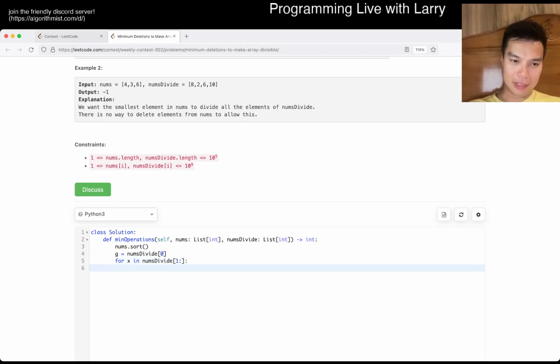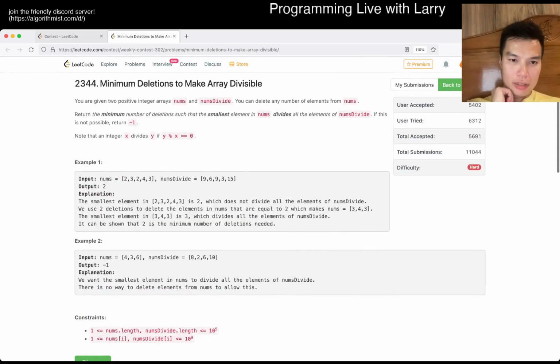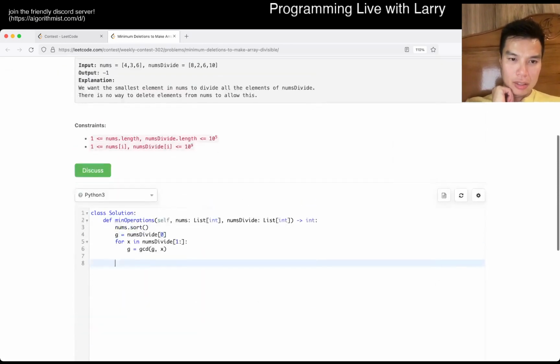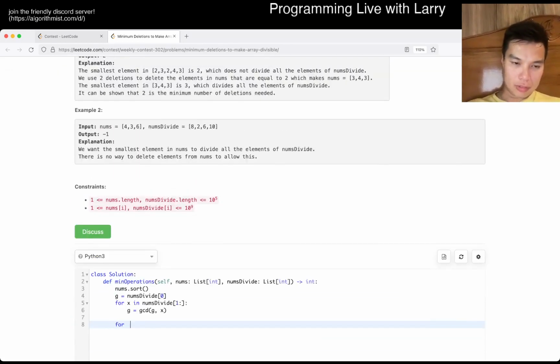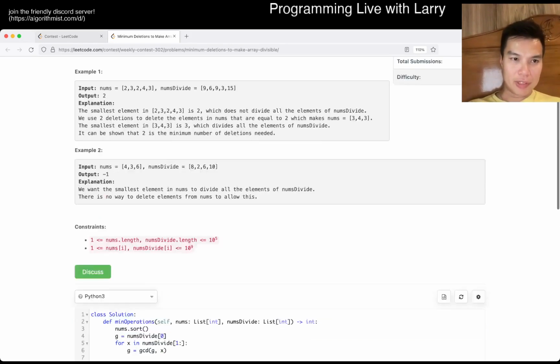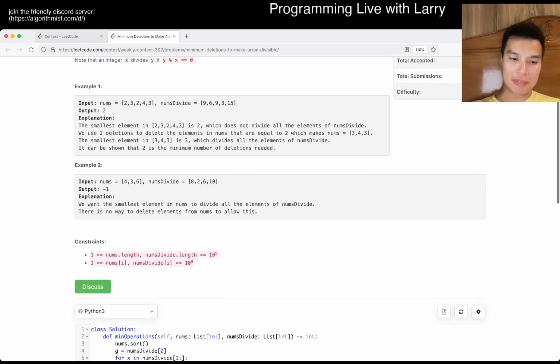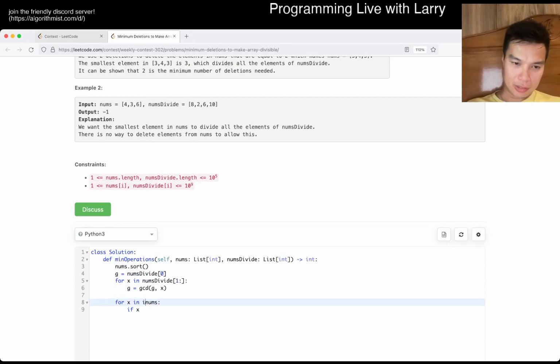It shouldn't matter anyway. And then now, what are we supposed to return? The number? Oh, the number of deletions. Okay.